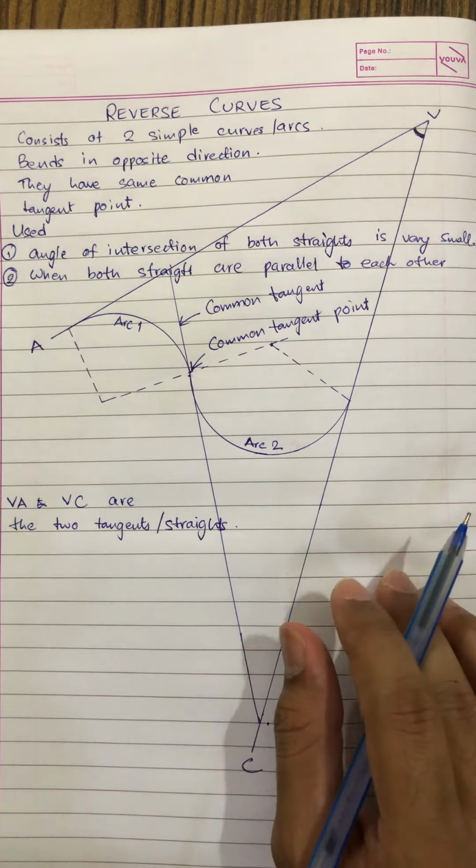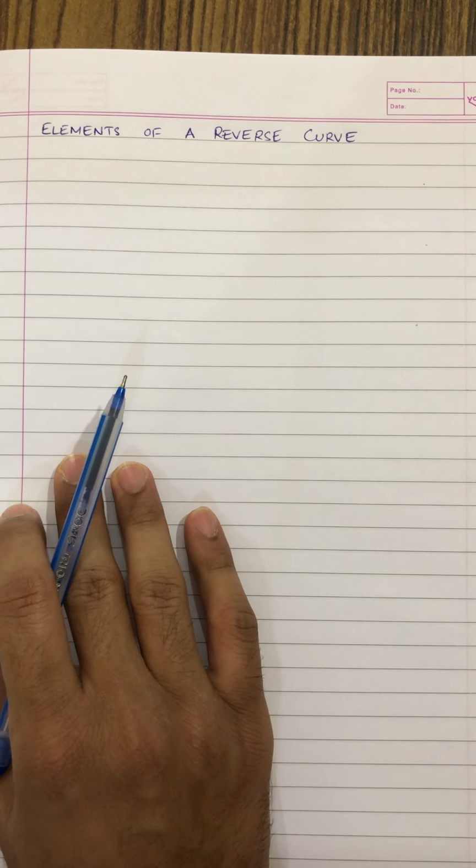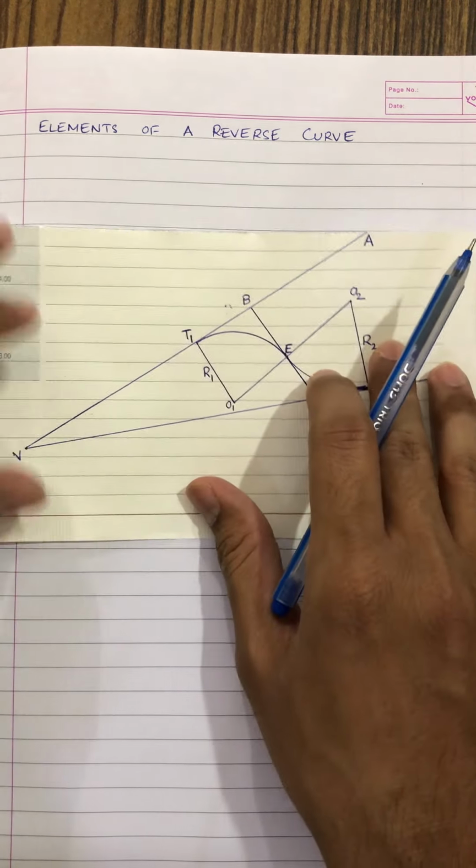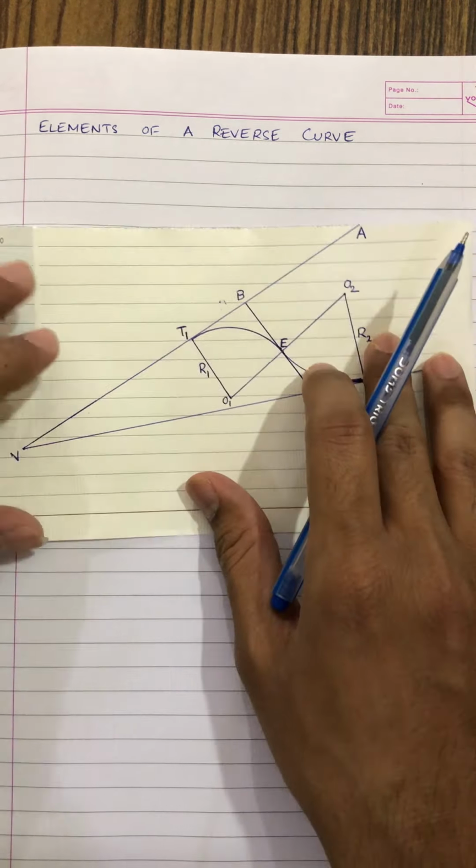Fine. Now we'll see the elements of a reverse curve. Elements means you need to know all the parts of a reverse curve. So let us consider this figure. This is the arc of the first curve and this is the arc of the second curve.